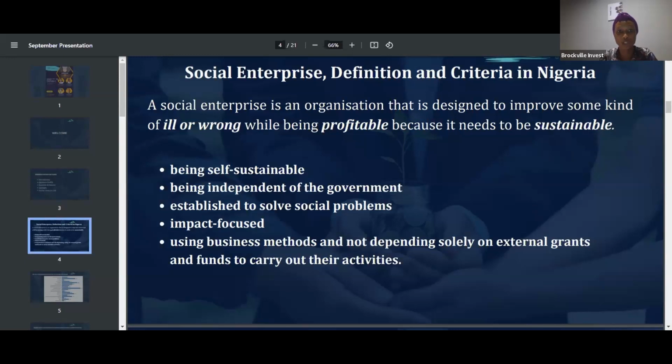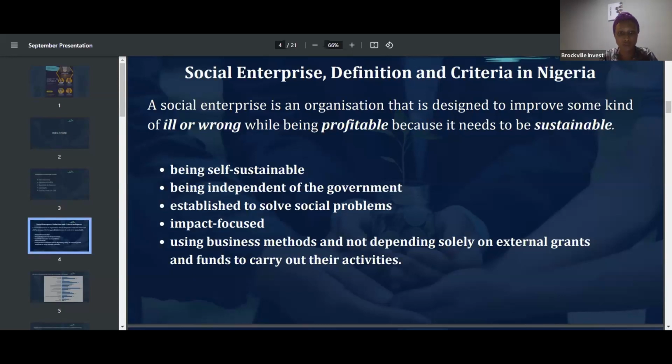For you to be a social entrepreneur, first of all, you have to be self-sustainable. Then you have to be independent of the government, like an NGO or a sole proprietorship. It has to be established to solve social problems, like environmental problems, unemployment issues within the community, or creating a sustainable environment for all.